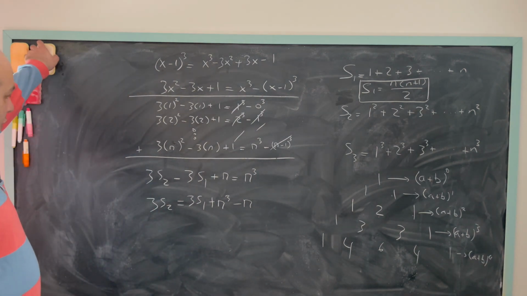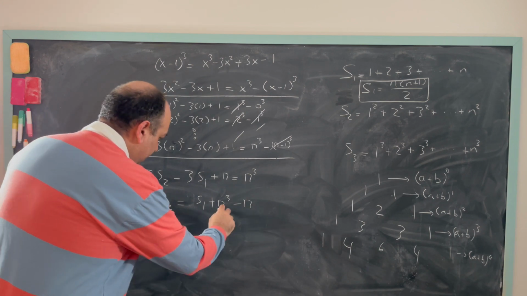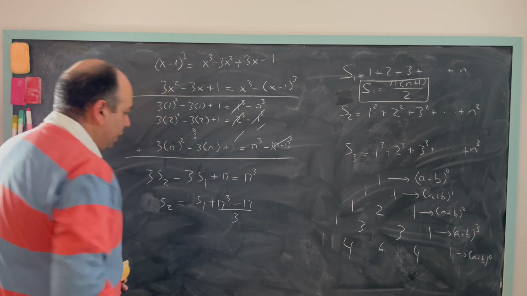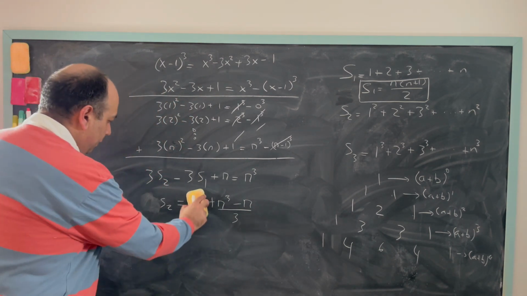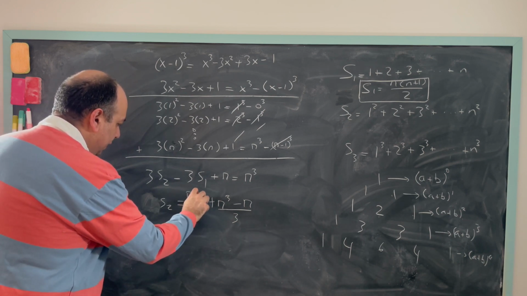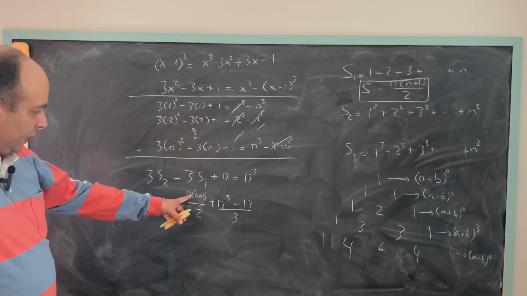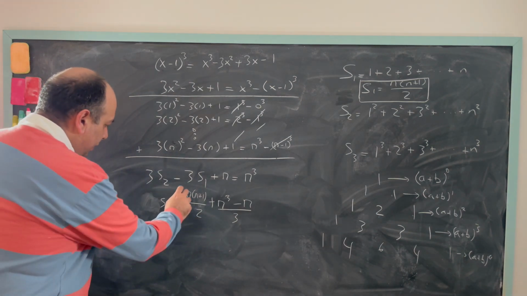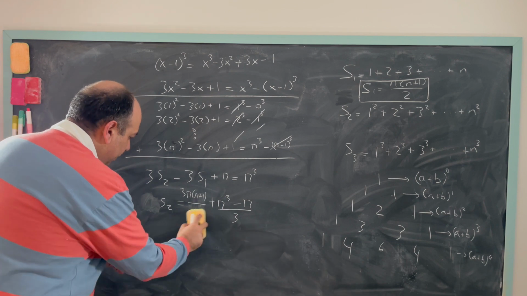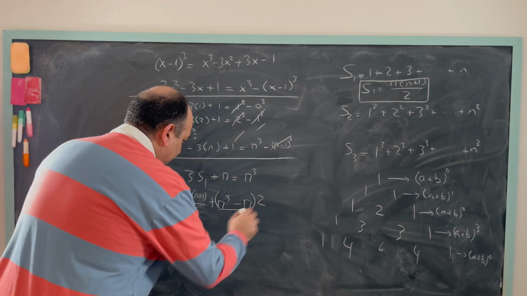This is great. So I can divide by 3 both sides. Okay, so this is n cubed over 3. So what is s1? Simply n times n plus 1 over 2. Okay, so if I equate the denominators here, I'll have a factor of 3 here. This becomes 6. And then this is going to be multiplied by 2.